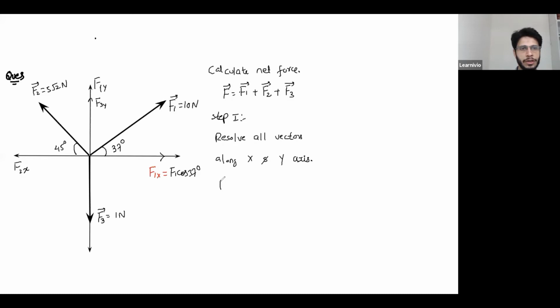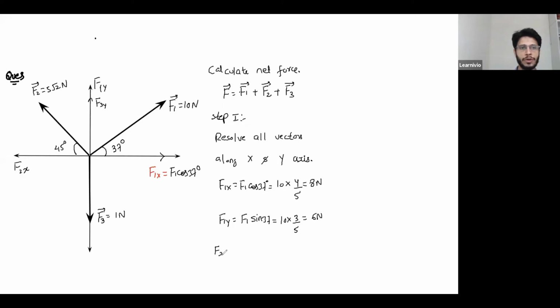If I calculate the values, then F1x is F1 cos 37. F1 is 10, cos 37 is 4 by 5. So it comes out to be 8 Newton. If I want F1y, F1y is F1 sine 37. F1 is 10, sine 37 is 3 by 5, which is 6 Newton.